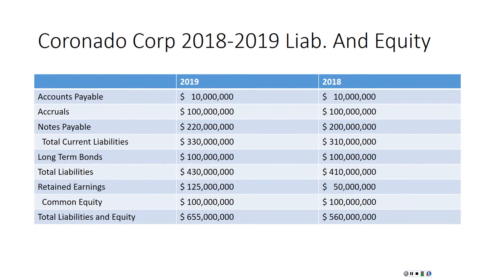Long-term bonds stayed steady at $100 million, so total liabilities increased by only $20 million from $410 million to $430 million. Retained earnings increased from $50 million to $125 million. Common equity remained constant, meaning the corporation issued no equity during the year. So total liabilities and owner's equity increased from $560 million to $655 million.